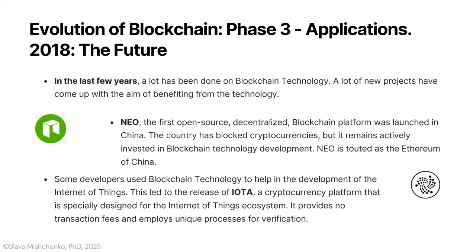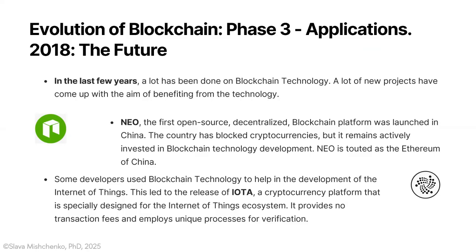And now let me share with you what I see as the most exciting phase of blockchain evolution, which is the explosion of practical applications that began around 2018. And this phase is particularly fascinating because it shows how far we've come from the early days of Bitcoin.